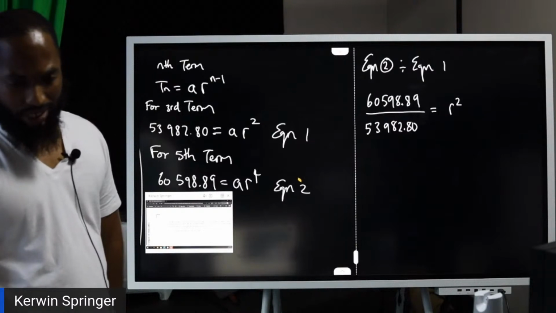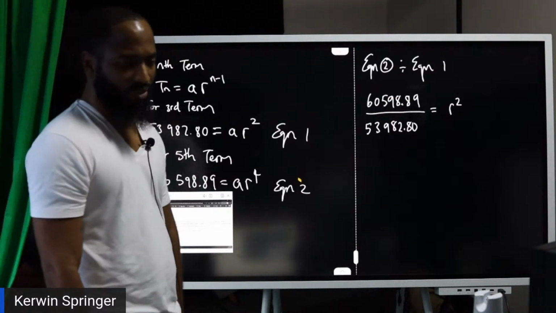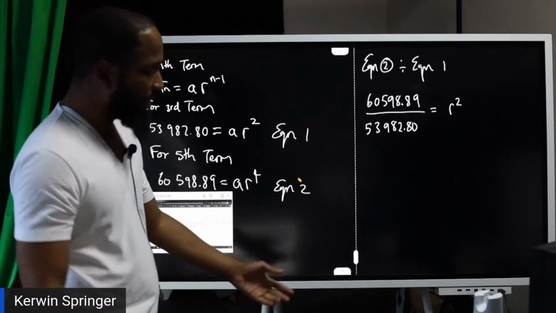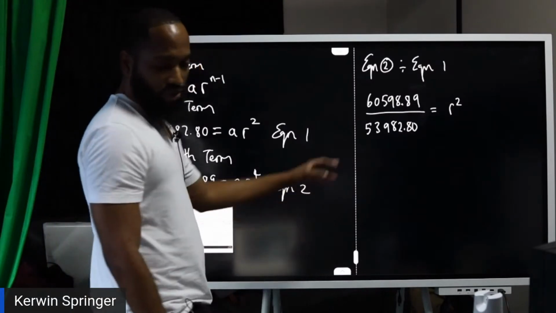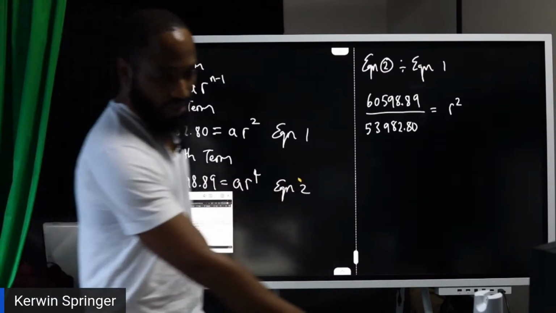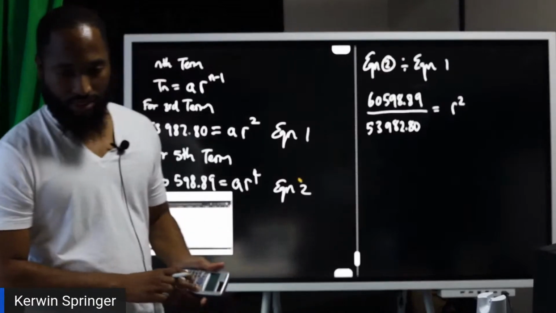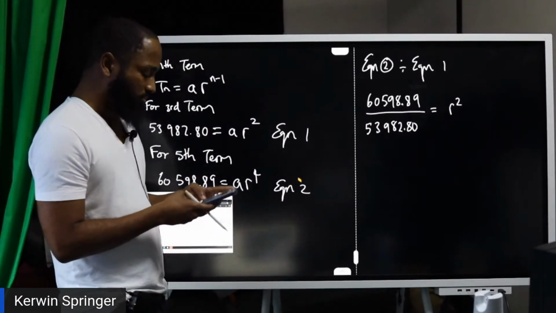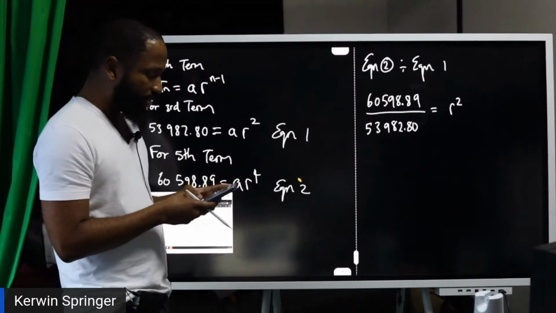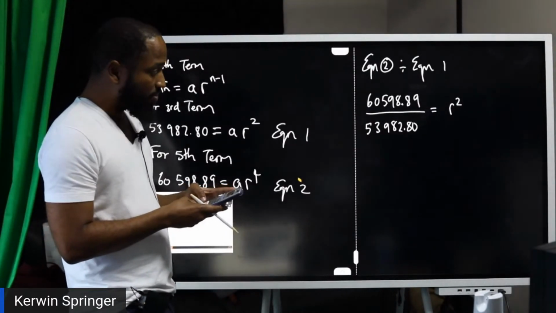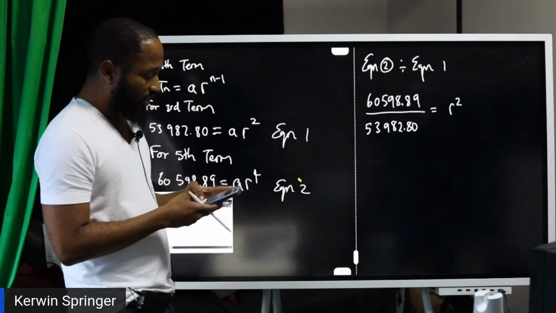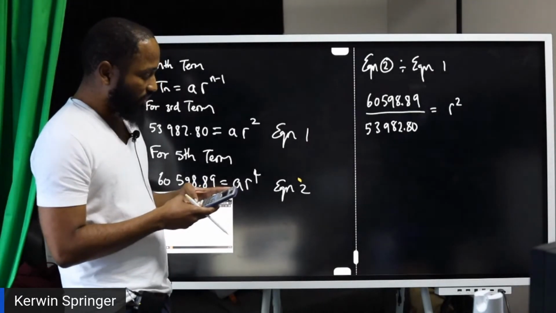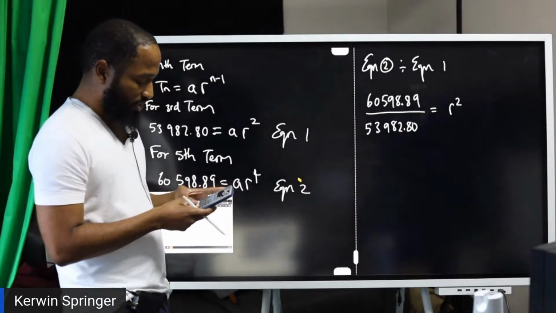When you divide this, what do you get? 60598.89 divided by 53982.80.